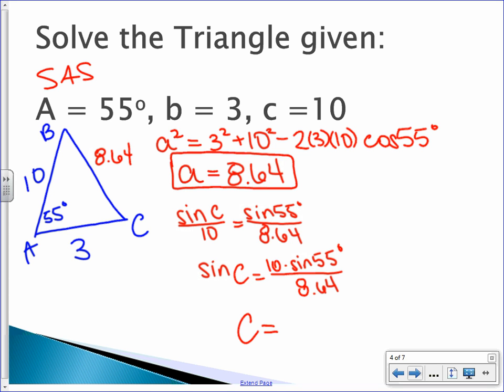You're taking the inverse sine to get C, correct? And what do we get? Which would make angle B what?